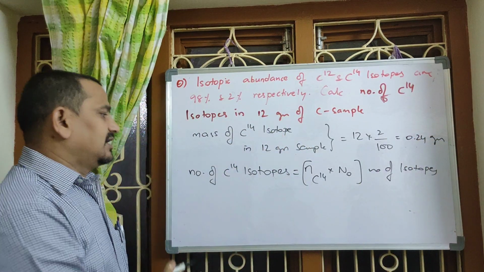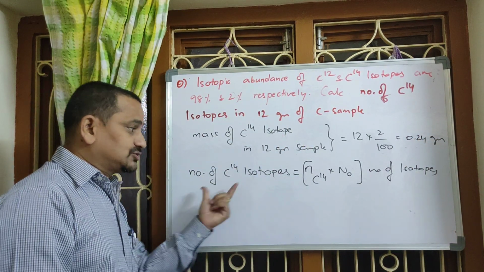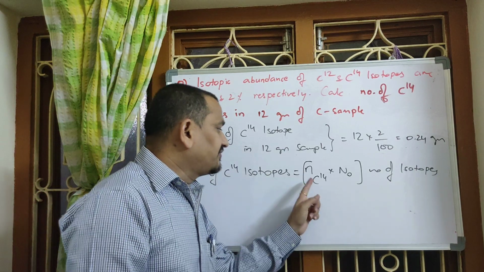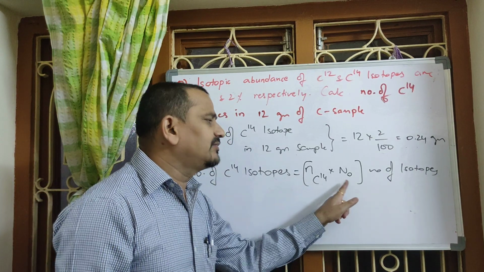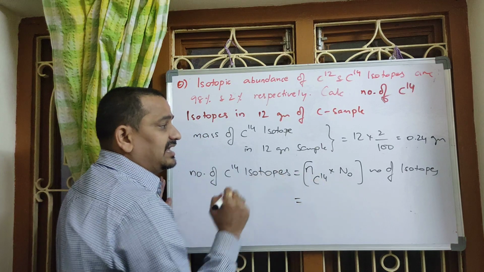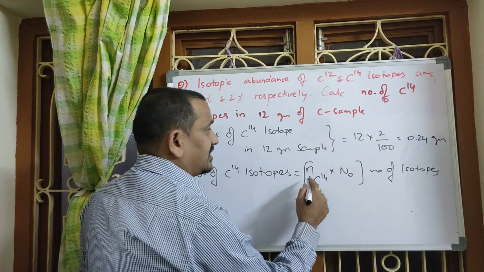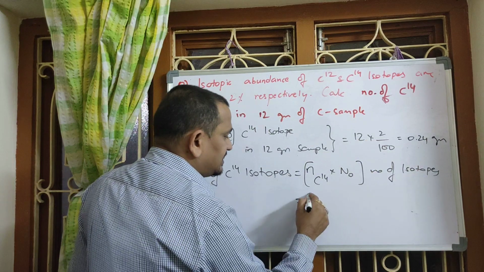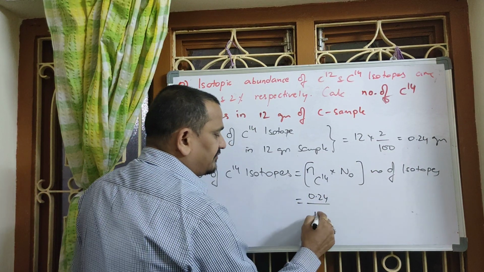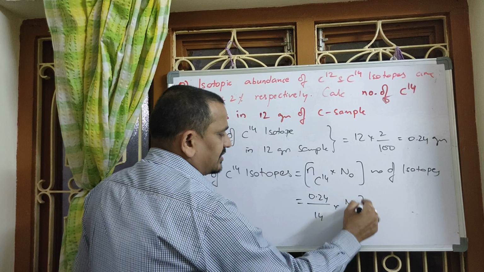The mass is 0.24 grams. Now, the number of carbon 14 isotopes can be calculated as number of moles of carbon 14 isotopes into Avogadro number. How do you calculate the number of moles? Mass out of 14. So 0.24 out of 14 into Avogadro number of isotopes.